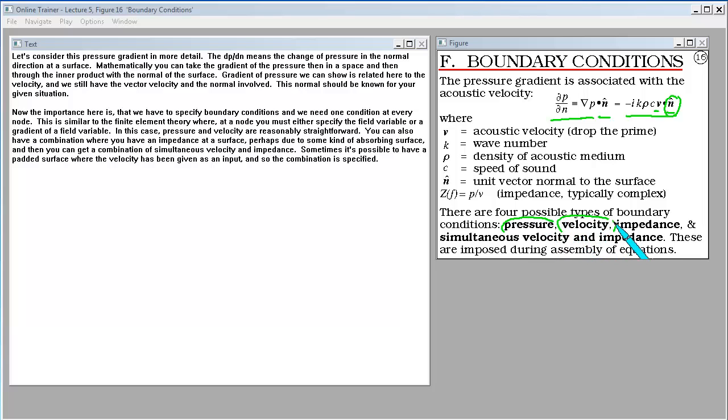You can also have a combination where you have an impedance at a surface, perhaps due to some kind of absorbing surface. And then you can get a combination of simultaneous velocity and impedance. Sometimes it's possible to have a padded surface where the velocity has been given as an input, and so the combination is specified.